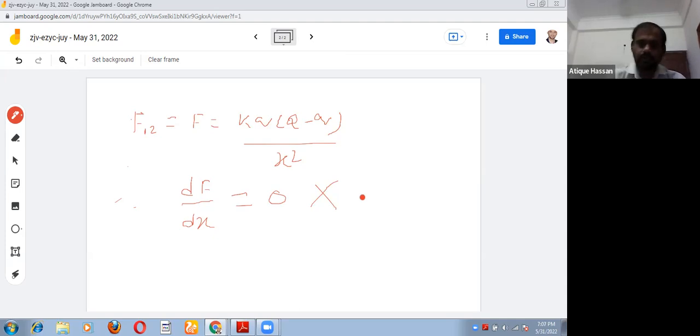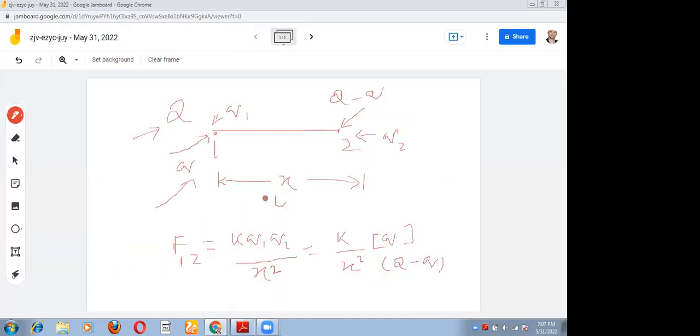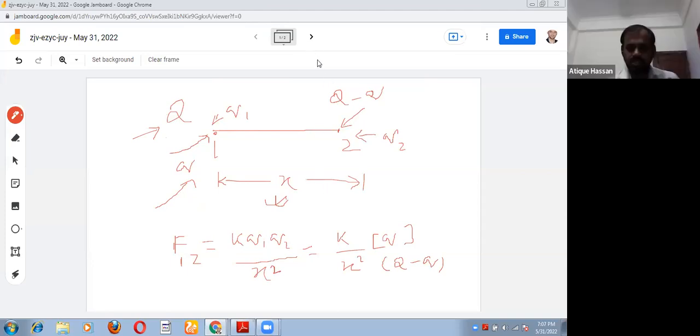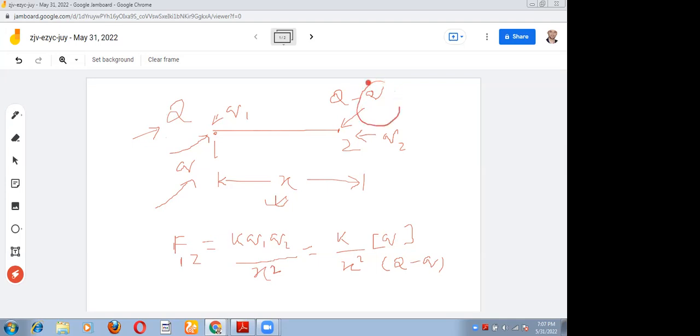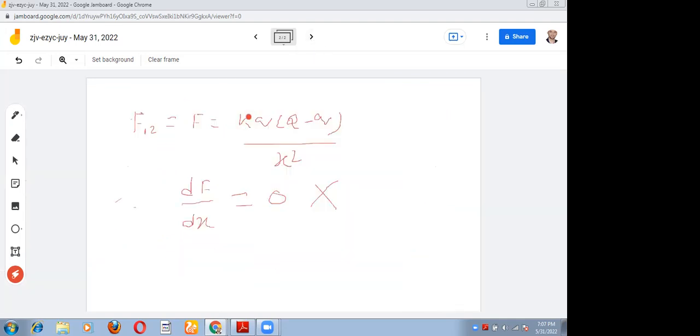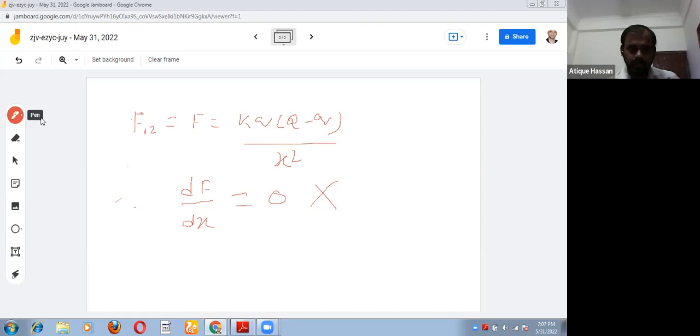You know, we have to think about the variable. Here x is constant. You see, the value of x is constant, it is not changing. What is variable? Q is variable. So we should write dF upon dq. Correct.